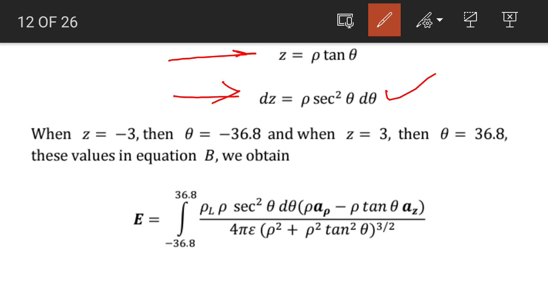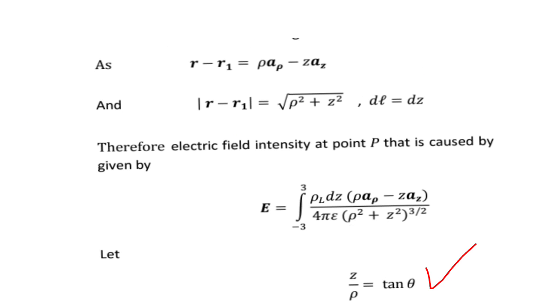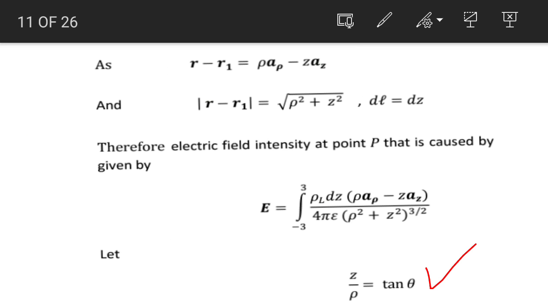So we need to find out the limits for theta now, because we have got d theta in this particular equation. It means that the new variable will be theta. So we shall calculate the angles with the help of this particular equation.